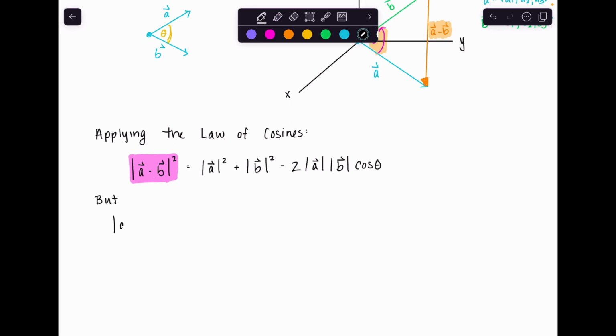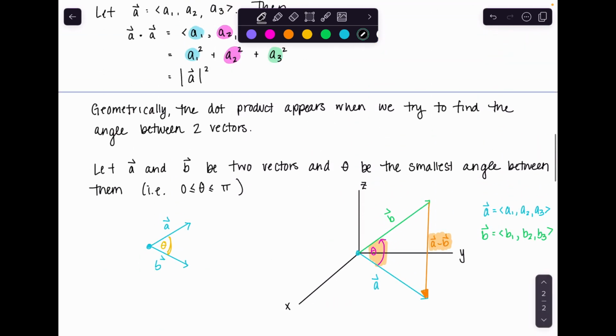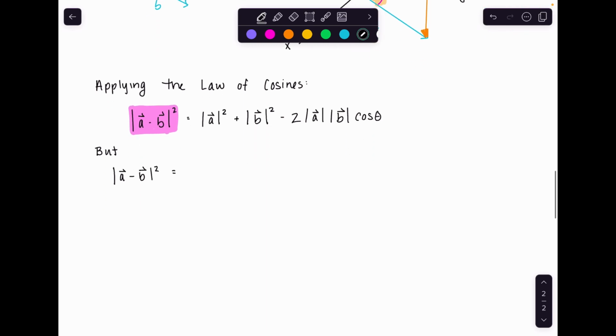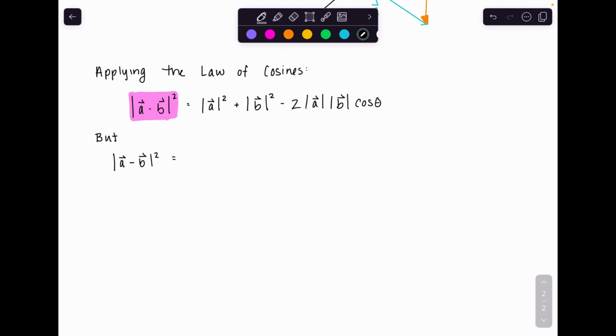Let's look at the magnitude of A minus B squared. Remember, if I have the magnitude squared, back to this property that we proved, it's really the dot product of A minus B with A minus B. The vector A minus B is just the one where the components have been subtracted.